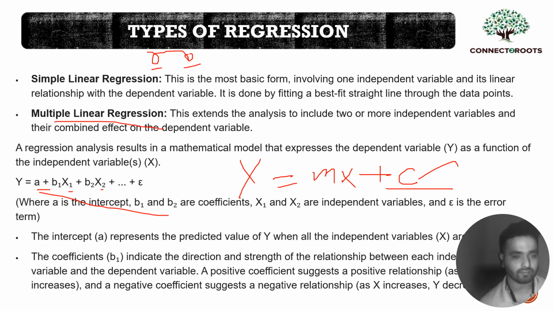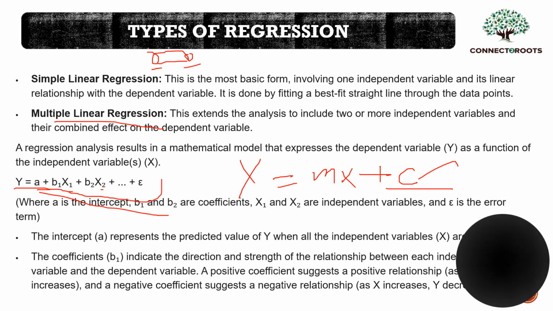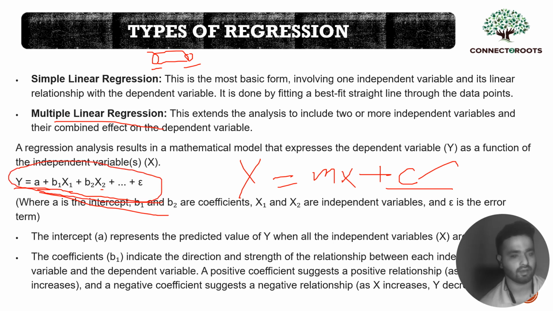Basically, it's the same. When we ask how gender is influencing your sales, it's a simple linear regression. How gender, location, and income of a particular individual are influencing the sales will be multiple linear regression. This will be a regression equation, where A is the intercept and B1, B2 will be the coefficients. If B1 is positive, then X1 is directly correlated.